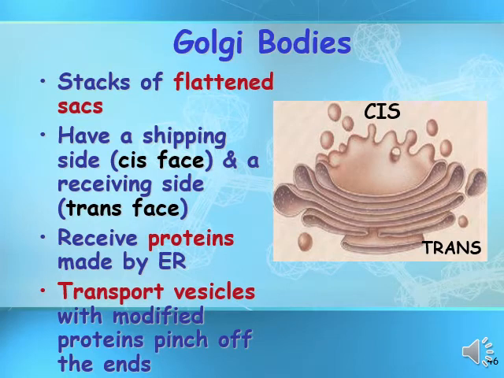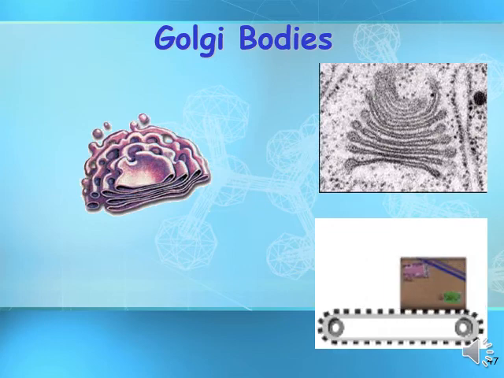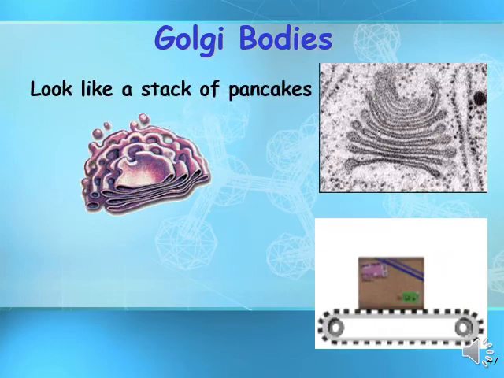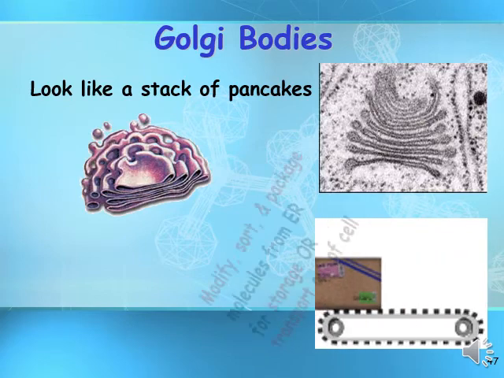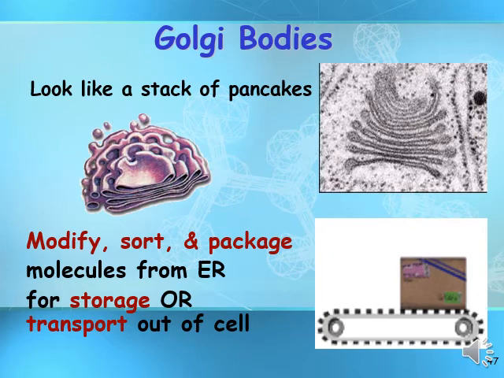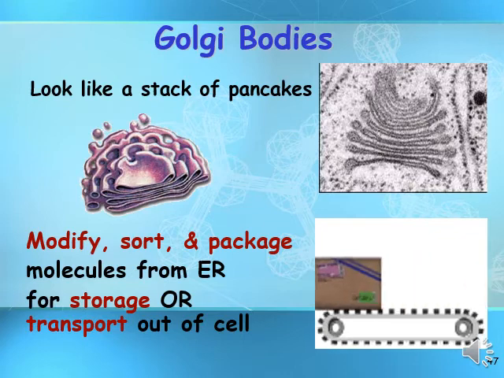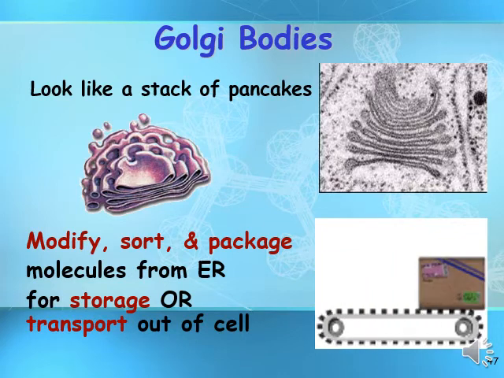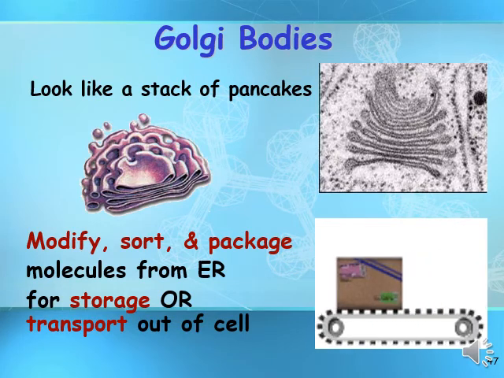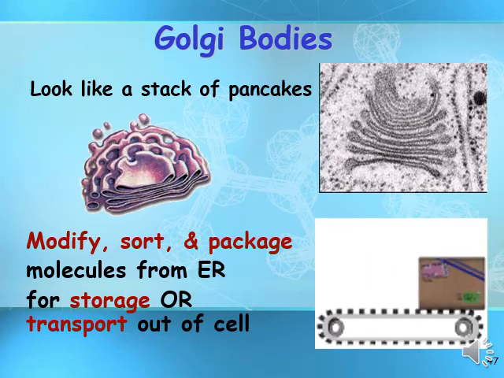The Golgi is like a package store: sorting and packaging of the molecules from the endoplasmic reticulum for storage or transport out of the cell is performed by Golgi bodies.